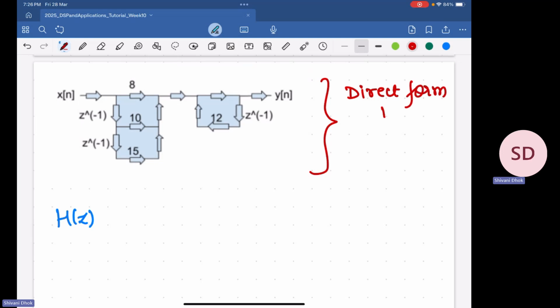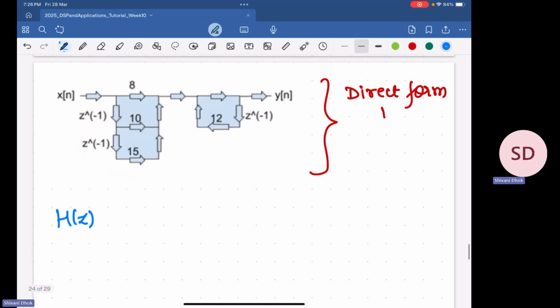Okay, so in the previous question we had seen that this part corresponds to the numerator and this part corresponds to the denominator, and that this is the constant that gets added, then this part corresponds to the second term, that is 10 times z inverse, and this corresponds to the third term.